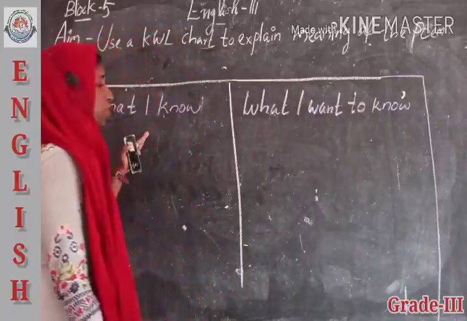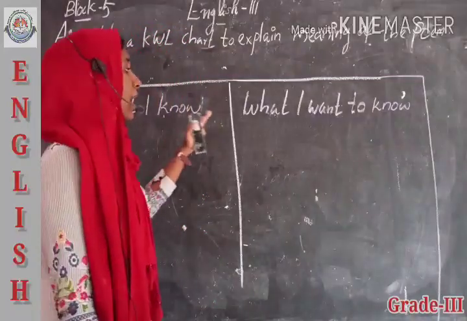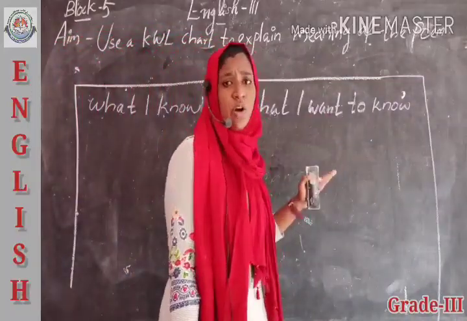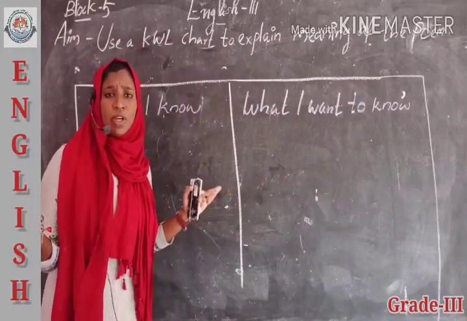So here we have two columns, what I know and what I want to know. These two columns we have to fill before going to that poem.